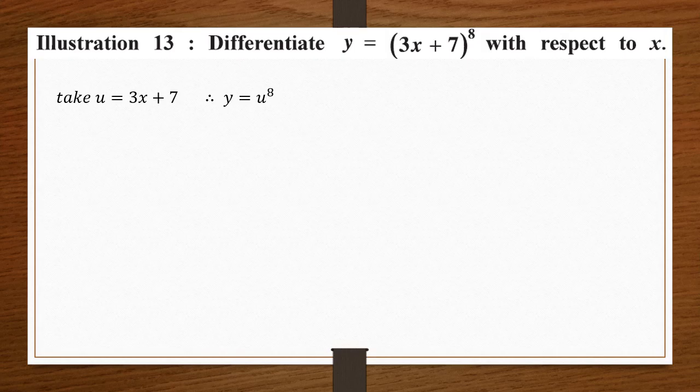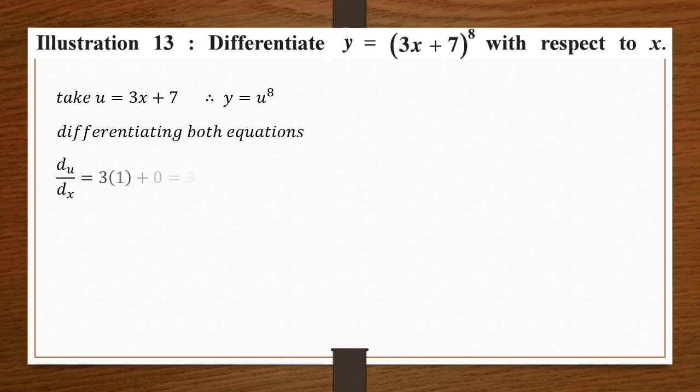Now that means we have two functions here, one is u function and one is y function. Y is with respect to u and u is with respect to x. So two equations are here, we will differentiate them separately. Differentiating both equations, we get du upon dx because u is with respect to x. 3x, x will be 1, so 3 into 1, 7 will be 0, that will be answer 3.